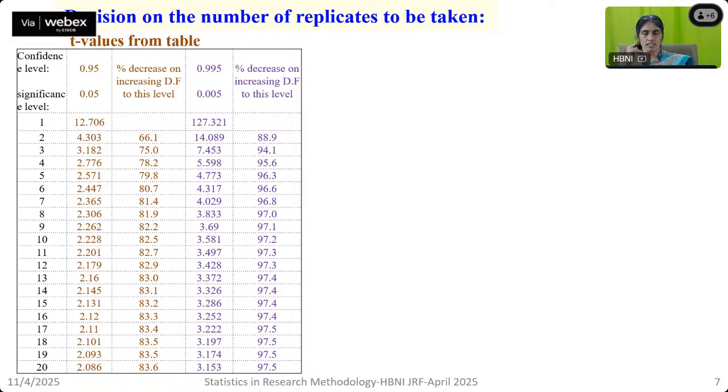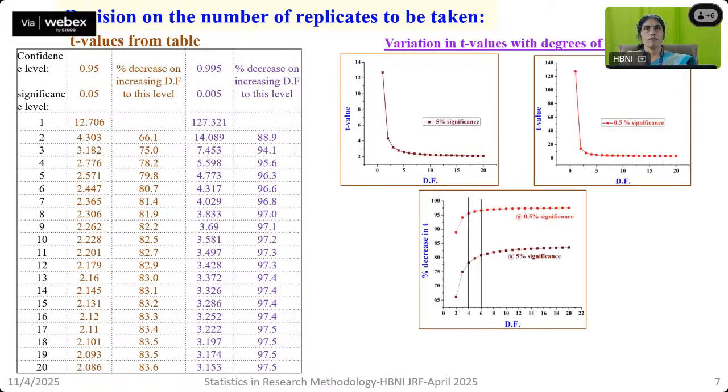Similarly, the percentage decrease in the T values when we increase the degrees of freedom is compiled. When you plot the same data in the form of a graph, you can see that as the degrees of freedom increase, the value of T starts decreasing drastically in the initial phases. And after around 5 to 6 degrees of freedom, there is only marginal variation in the T values, as shown in all three curves.